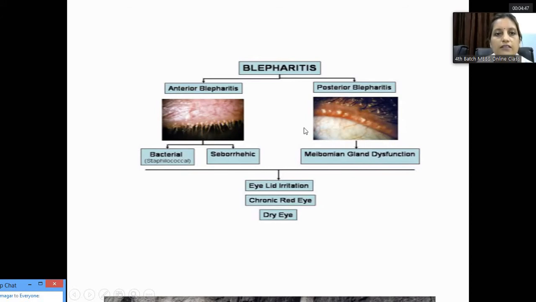Anterior blepharitis is the bacterial, staphylococcal or seborrheic type, and posterior blepharitis is meibomianitis or meibomian gland seborrhea, which is also called meibomian gland dysfunction.